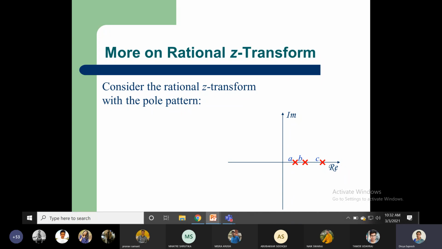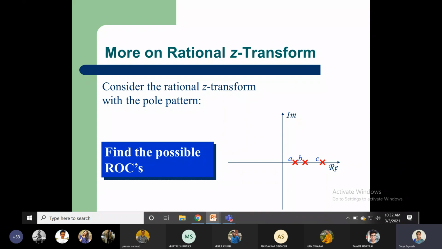Let us take the case here. In the Z plane you can see three poles located, A, B and C. How do we find the possible region of convergence for this signal?